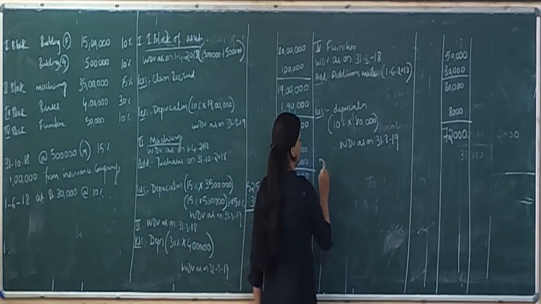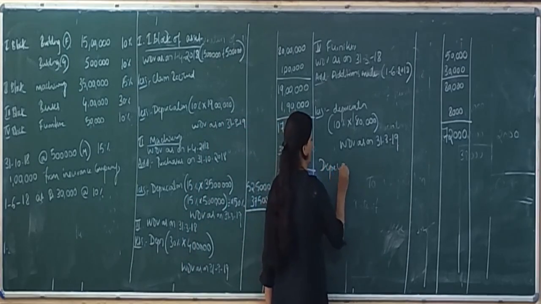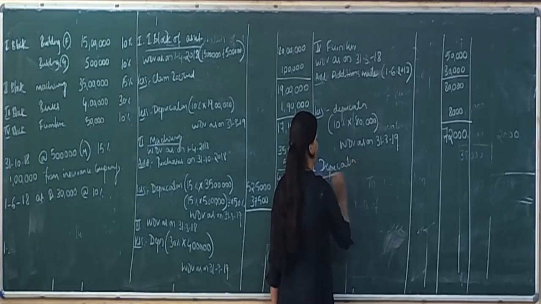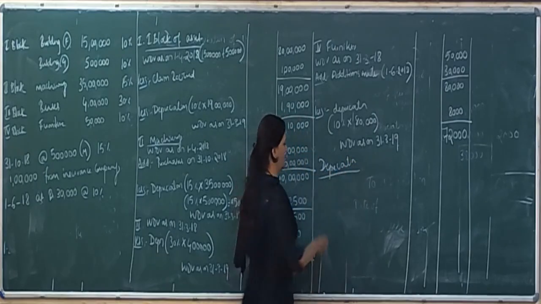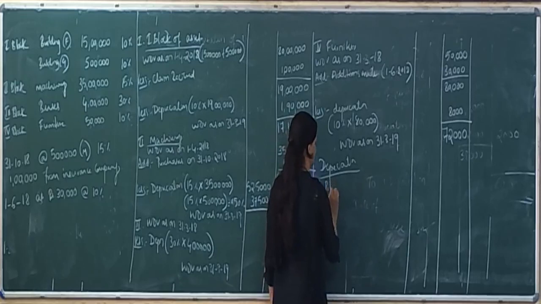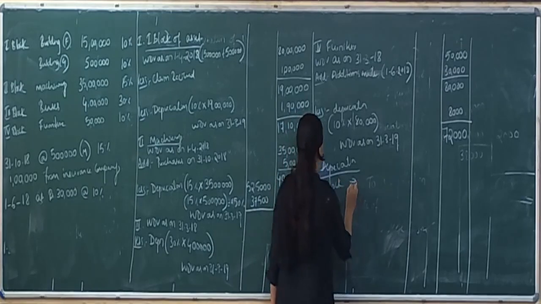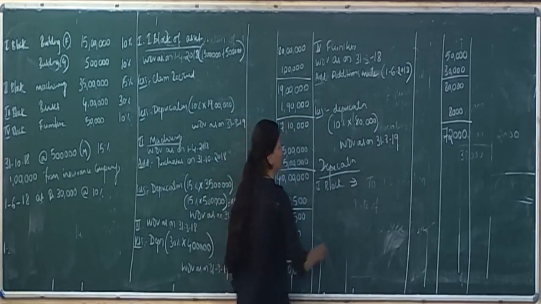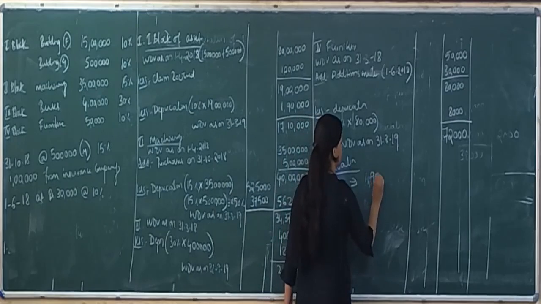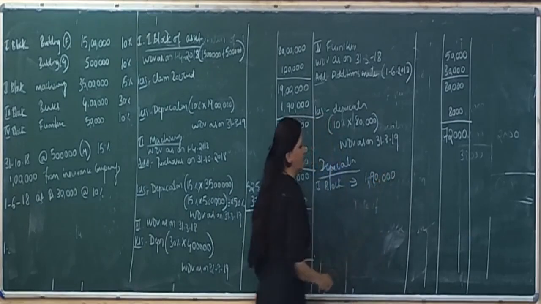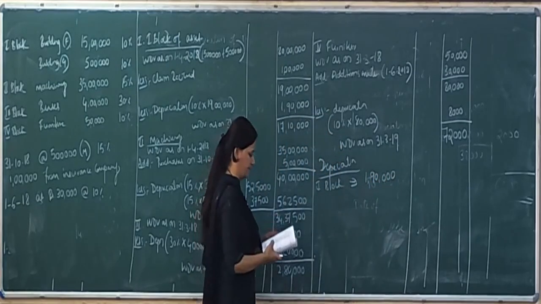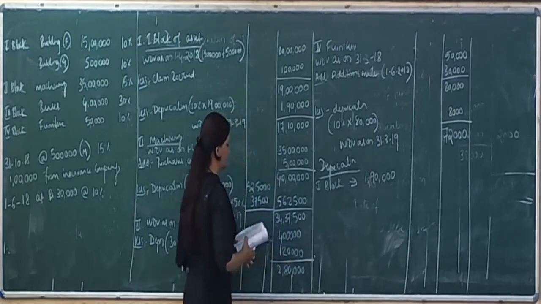So now directly we can write all the depreciation. Okay, so total depreciation. We can show first block, that is 1,90,000. Right.